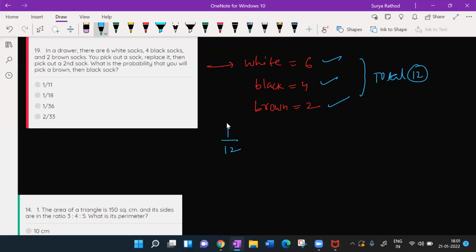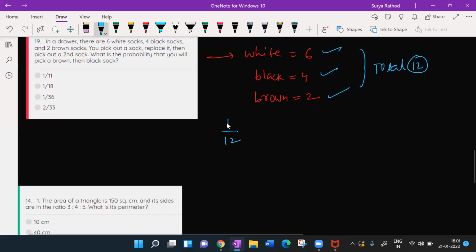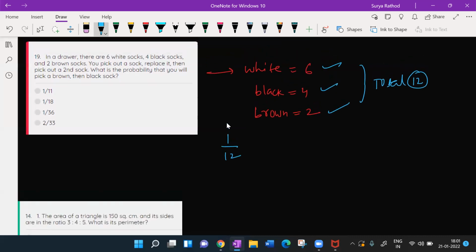You understood, Piyush? See, I'm just picking a sock. What is the probability of just picking that? 1 by 12. I'm just picking the second sock. That is also 1 by 12, isn't it?